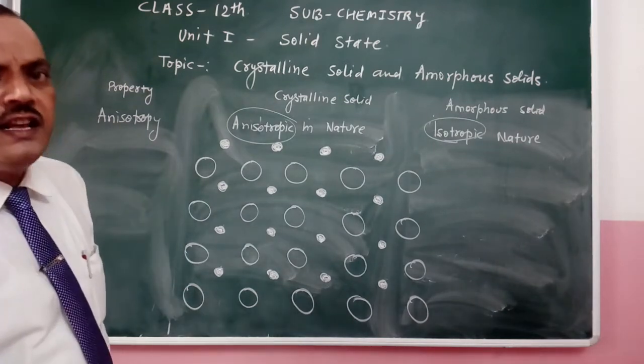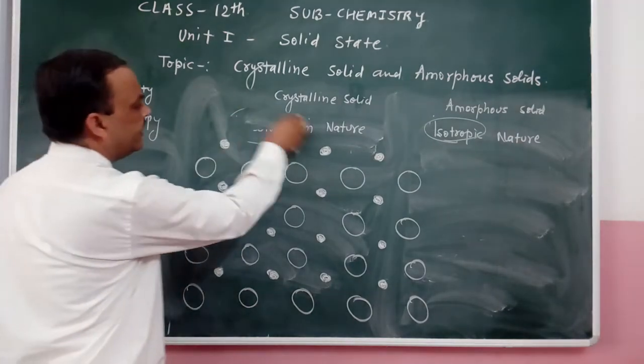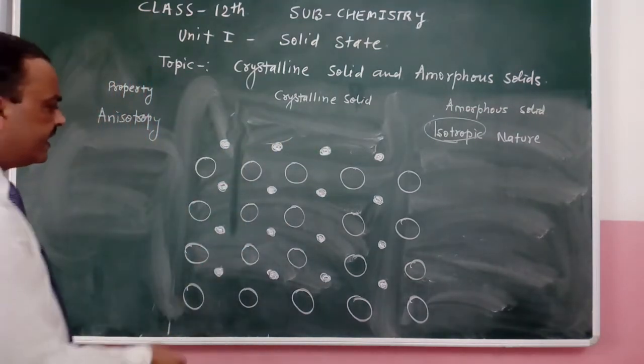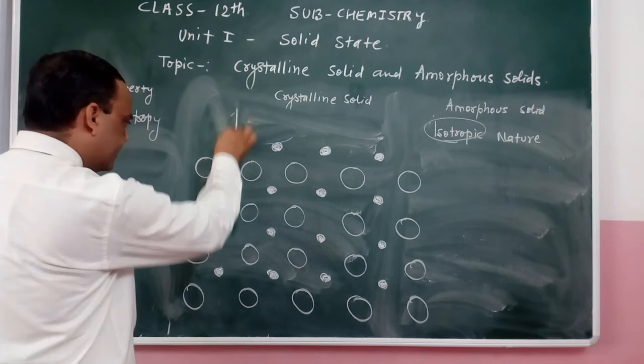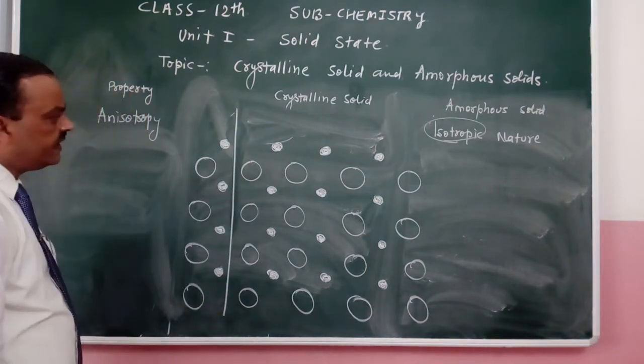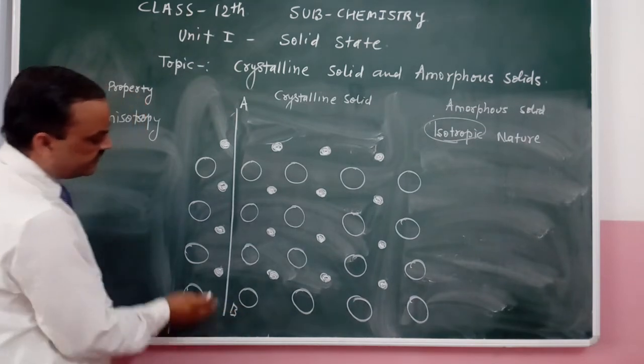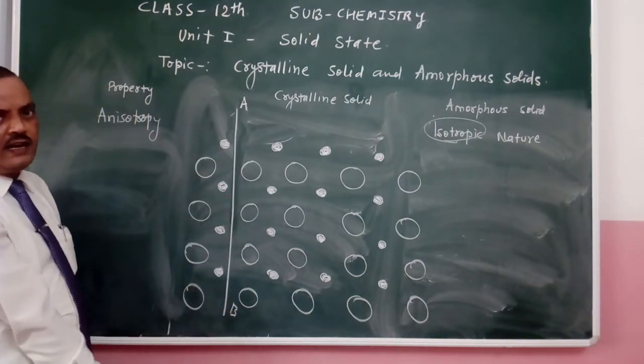When anisotropy is present and we cut this crystal in this manner, along this AB section, the same type of particles are arranged.